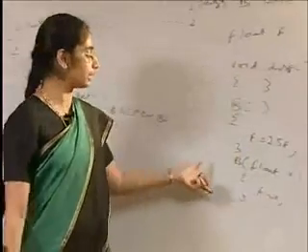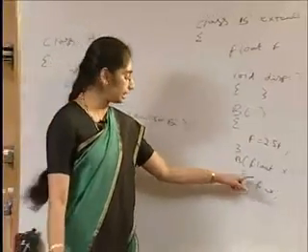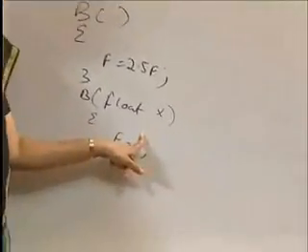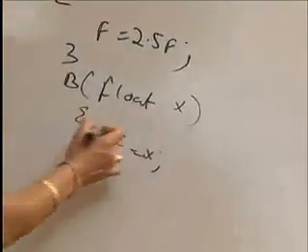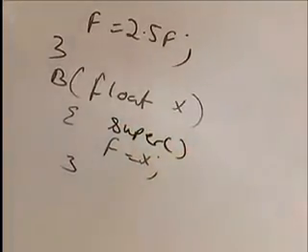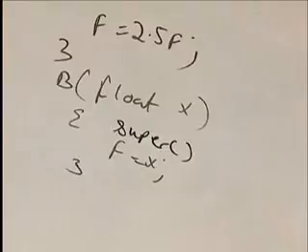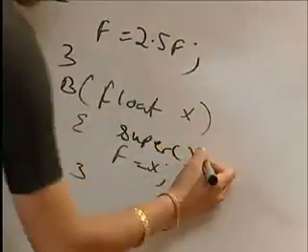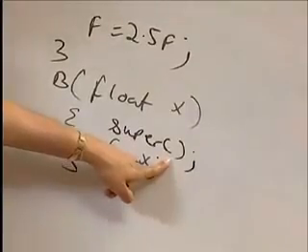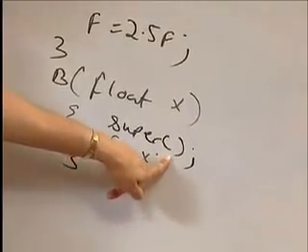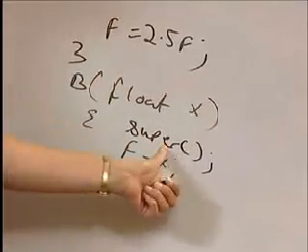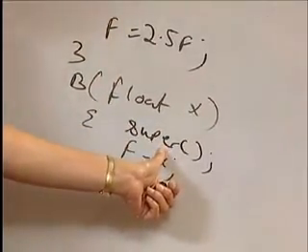Now in this case, the compiler will insert a call to the parent constructor at the beginning of this constructor, and to make a call to the parent constructor, the super call is used. So the compiler inserts the super call at the beginning of the constructor. We need not write it. If we do not write it, the compiler inserts the super call likewise.